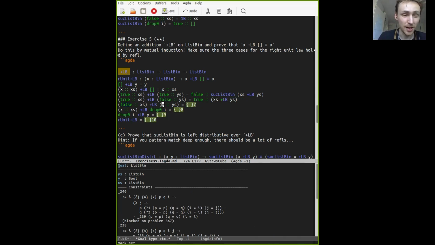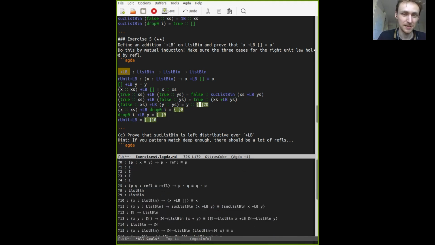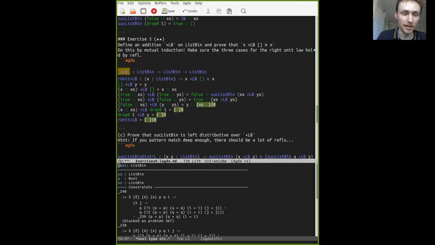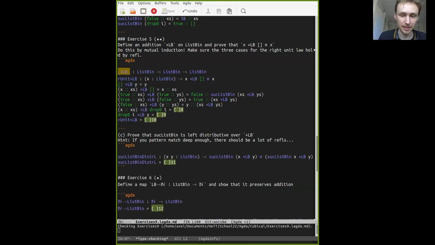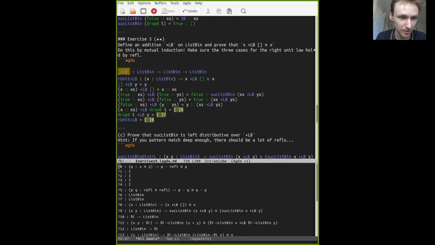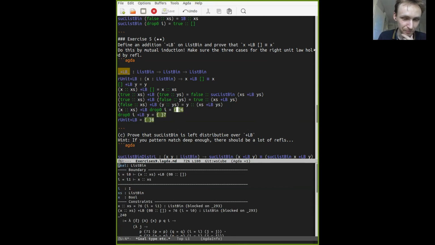So false plus y, that should be y in the first position. And then we recursively add xs and ys. Very nice. Aha, now the drop case. I should really fix my solutions that I uploaded then. Very good.